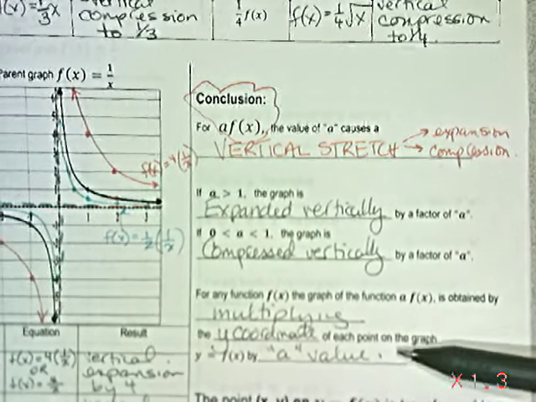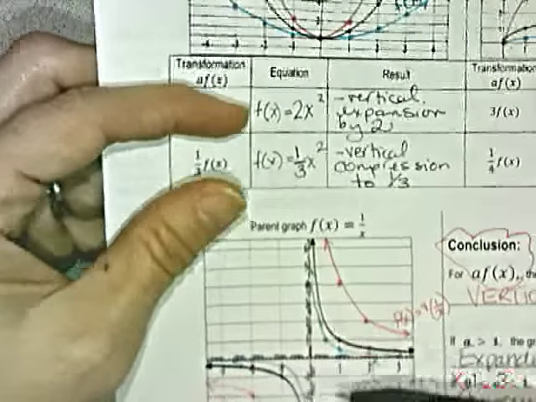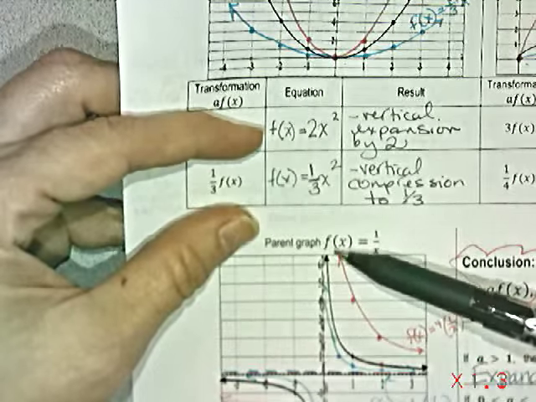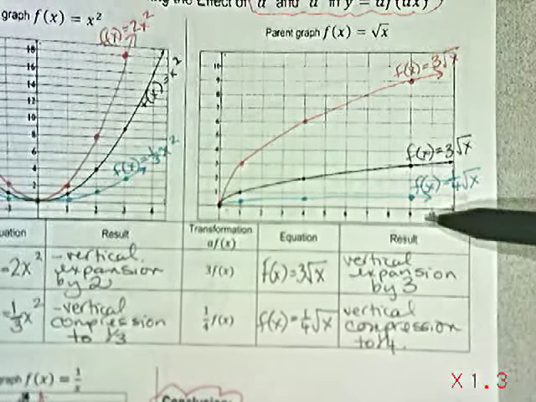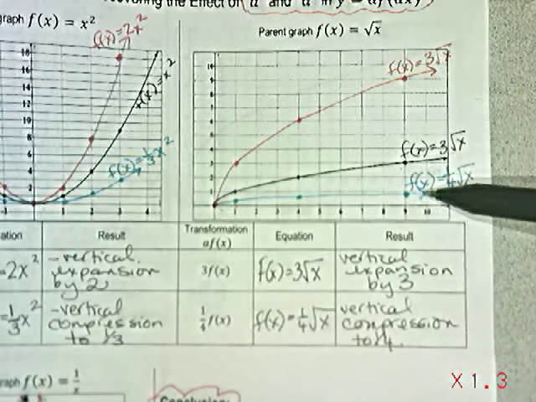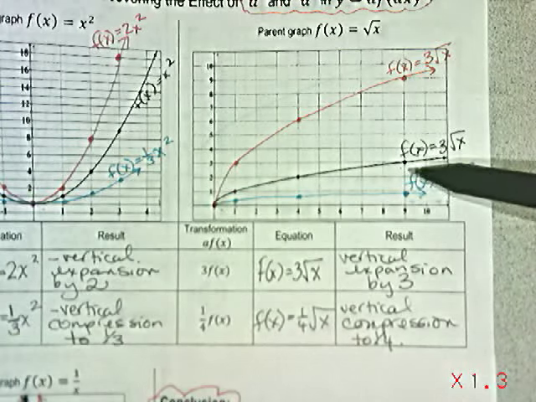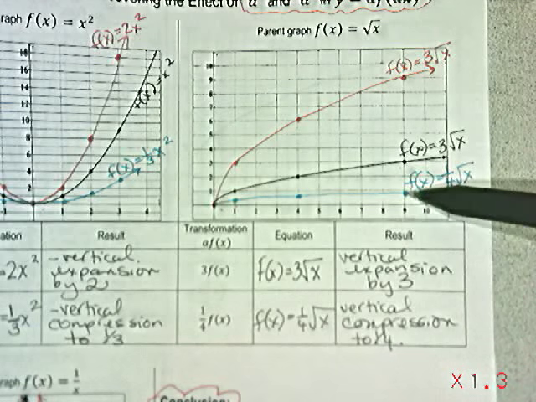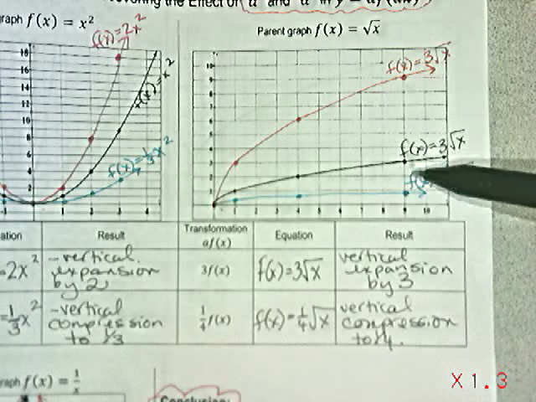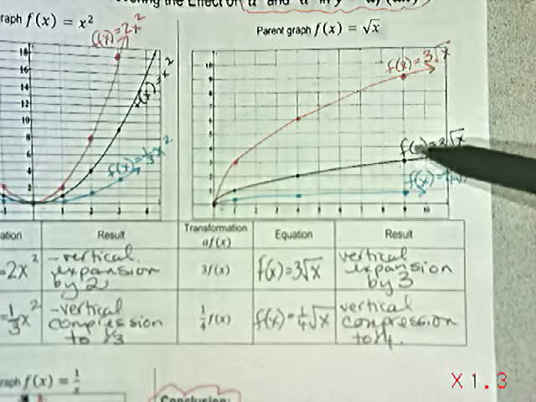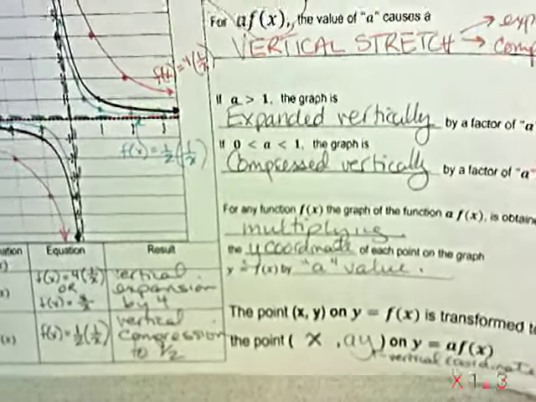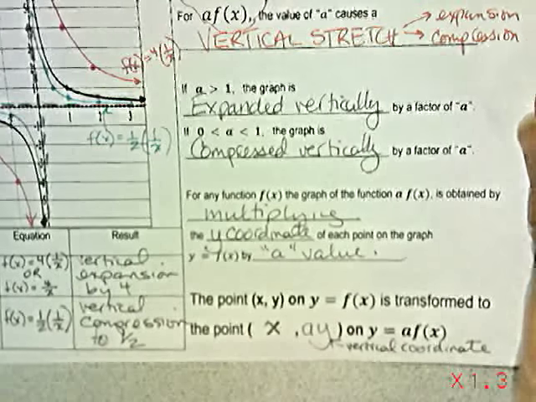Our vertical coordinate, our up-down coordinate, is our y coordinate, and so it's the one that gets affected. We still go over 9, but we affect that vertical coordinate, the y value, by multiplying it by whatever is in that A position.